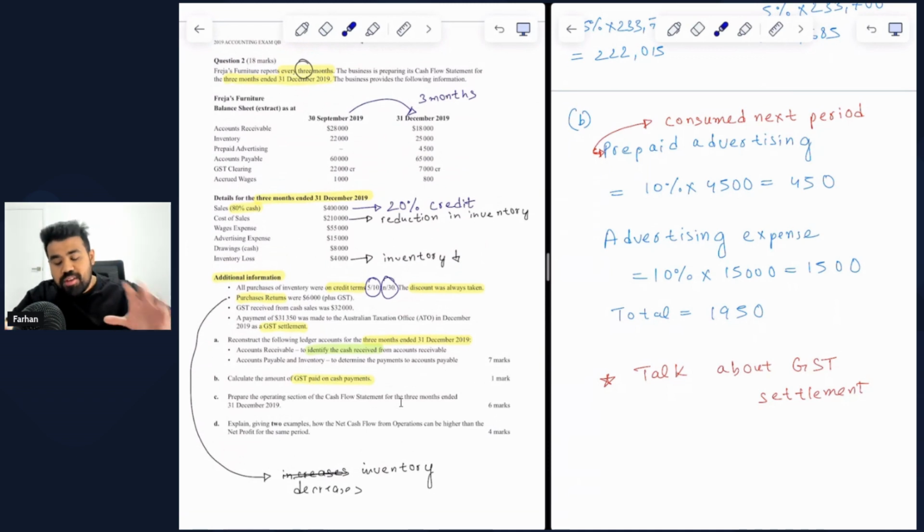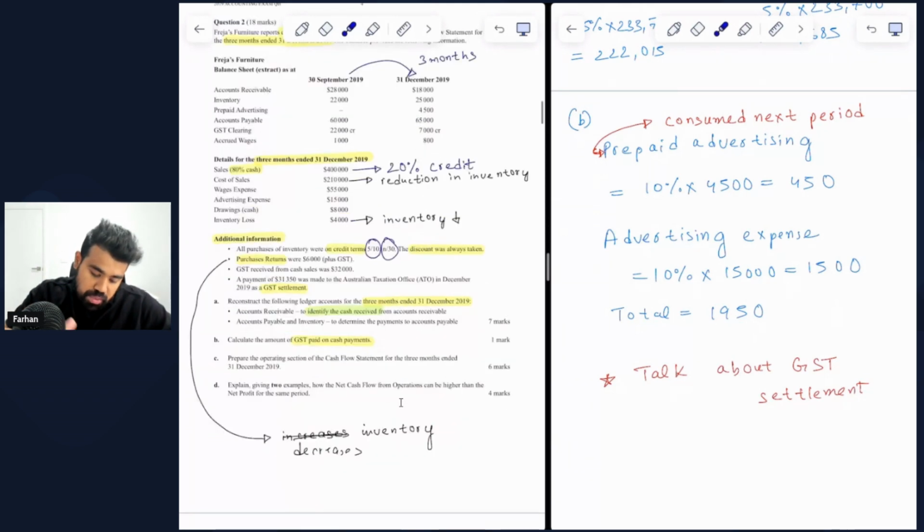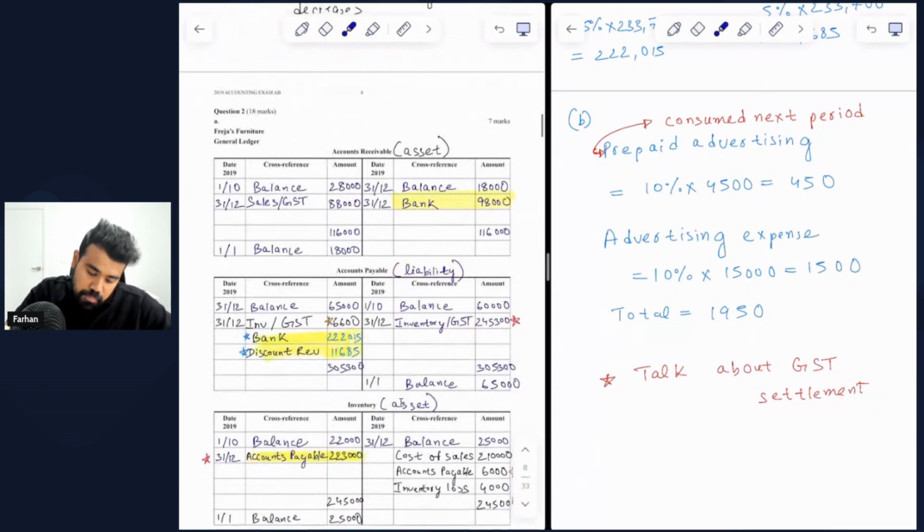Moreover, we also understand that receipts from accounts receivable could be higher than the current period credit sales, because whatever we're receiving from accounts receivable could also come from previous period sales. So let me show you something quickly. Within the ledger account for accounts receivable, the sales was actually 88,000 including GST in terms of credit, but you actually received 98,000, and this is because this 98,000 also includes amounts from previous periods.